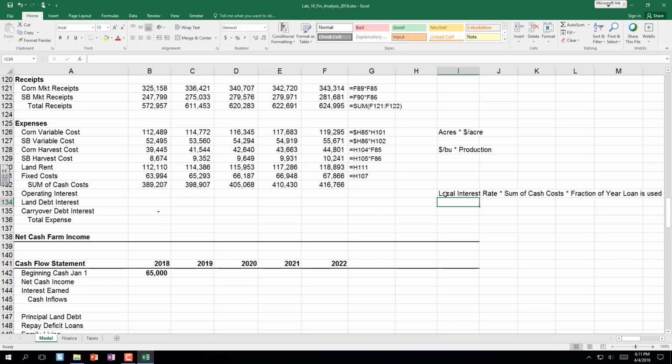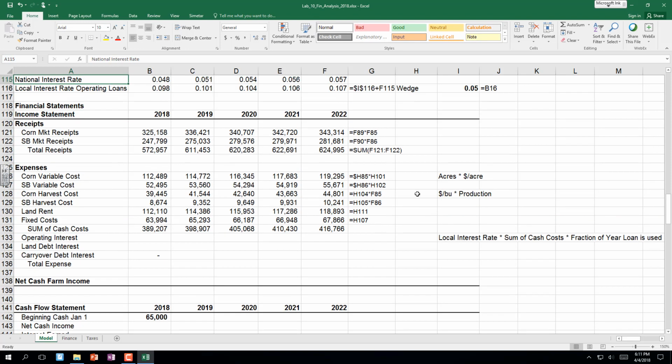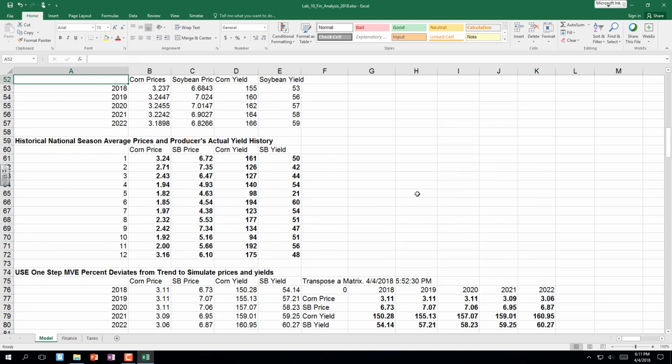Now that fraction of the year that the loan is used, that's just a number that's up there above, and so we need to go find it. If we go looking, it's going to be in the yellow section.